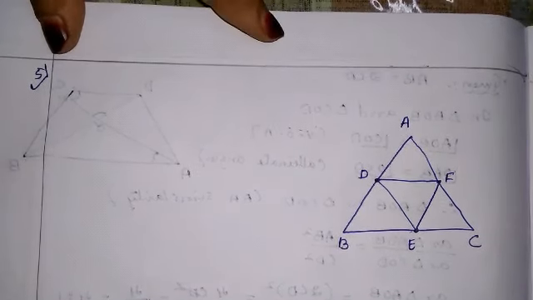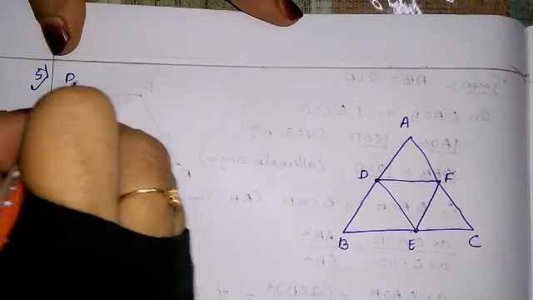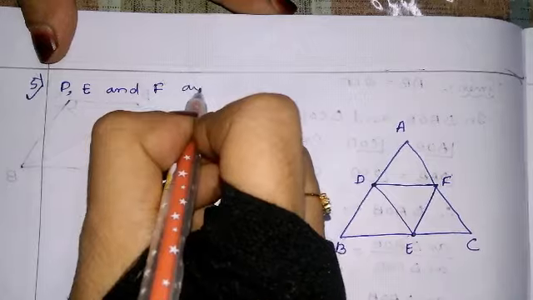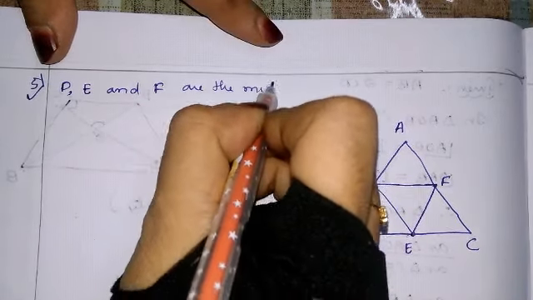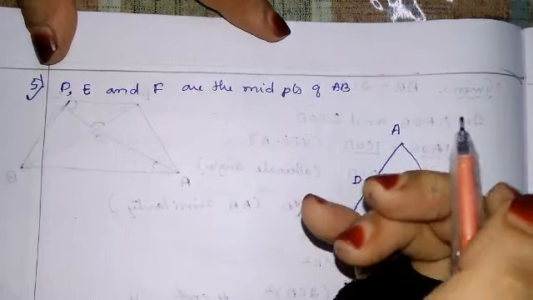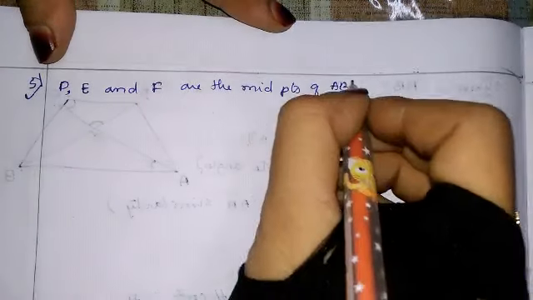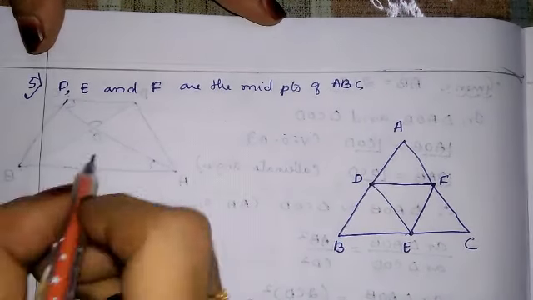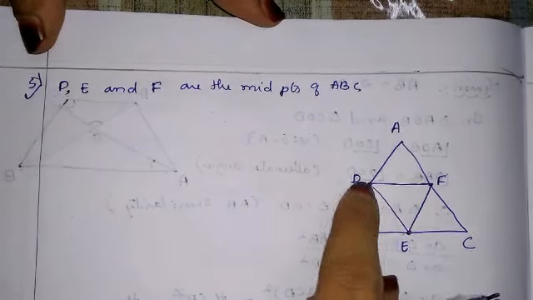D, E and F are the midpoints of sides AB, BC and AC of triangle ABC. Let us take one side.